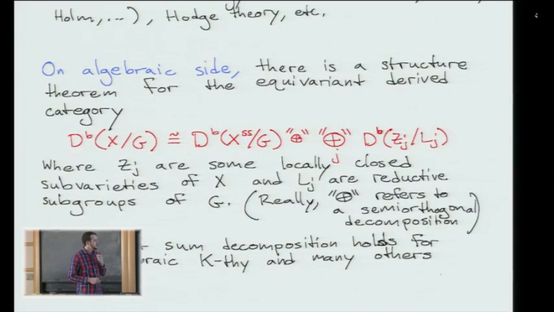And in fact, what you get from this stratification is something like a direct sum decomposition of the equivariant derived category that mimics the direct sum decomposition in cohomology. The actual technical thing is called a semi-orthogonal decomposition, but effectively it looks like a direct sum decomposition.